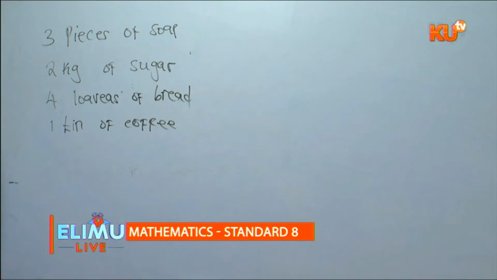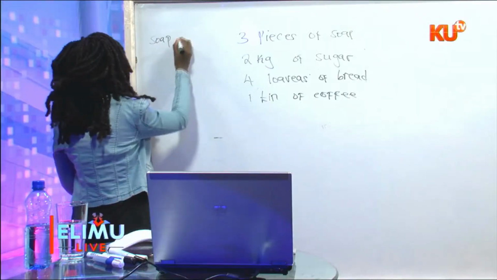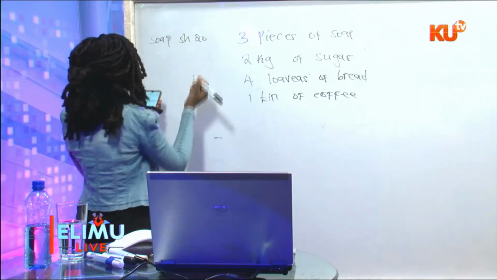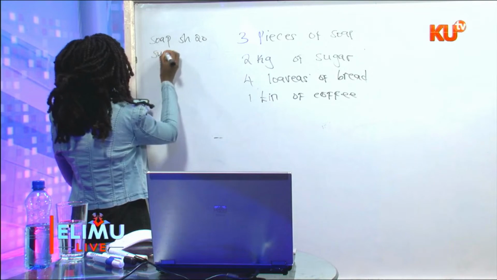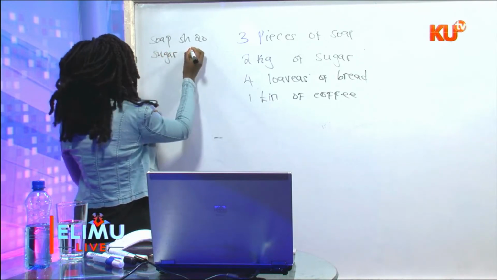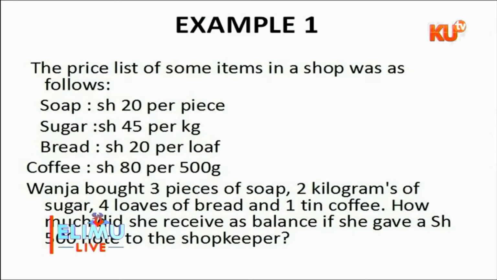That is Wanja. And remember we had said that soap costed 20 shillings per piece, and then sugar costed 45 shillings per kg, and then we had bread.